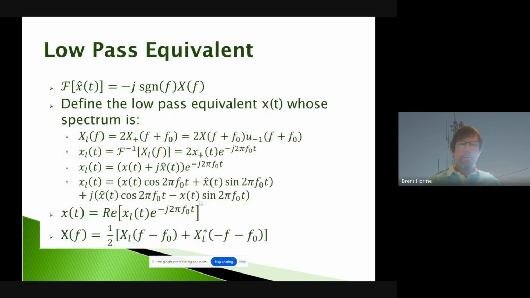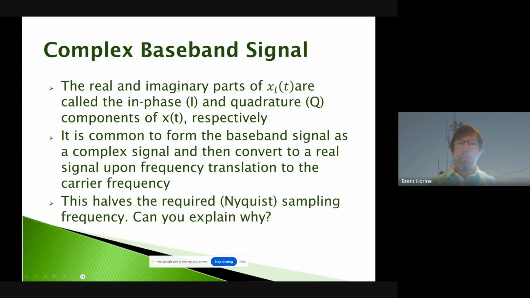We recall that this X of t is real, but this XL of t is complex. So we can term the real part of this XL of t as the in phase portion of it, and the imaginary part of XL of t we're going to call the quadrature component, right? So the real and imaginary parts correspond to the in phase and quadrature.